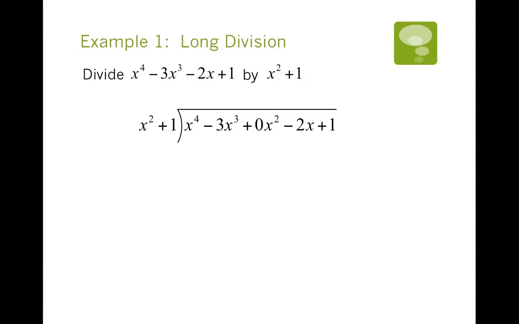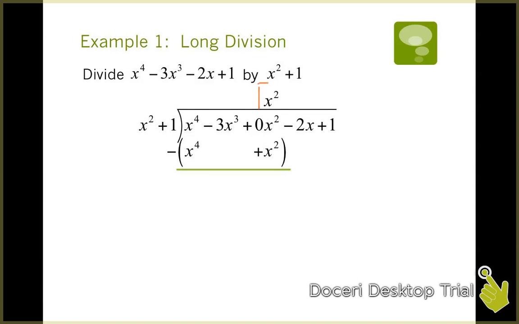All right, so what are we going to have to multiply by? We're going to have to multiply by an x squared. And when I decide that this is my x squared, this is what I need up here, I'm going to line it up so that like terms are all lined up. That's why I wanted the 0x squared there in my dividend, so I have a place to line up all the x squared terms.